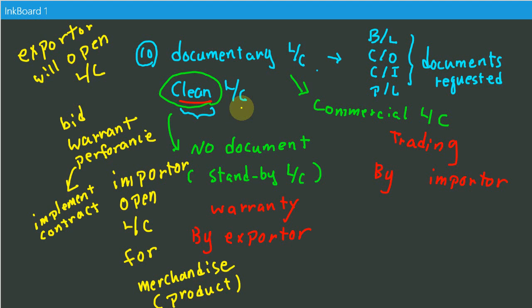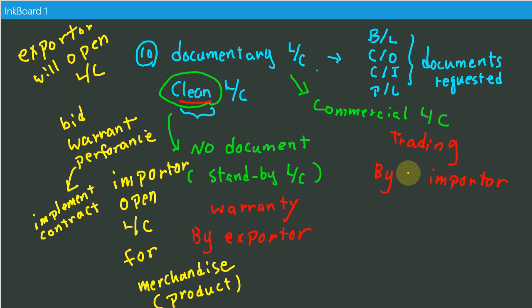This is the difference between documentary LC and clean LC. We might have a chance to look into details of clean LC and types of clean LC later on, not this time. So just remember the distinction I told you just now.